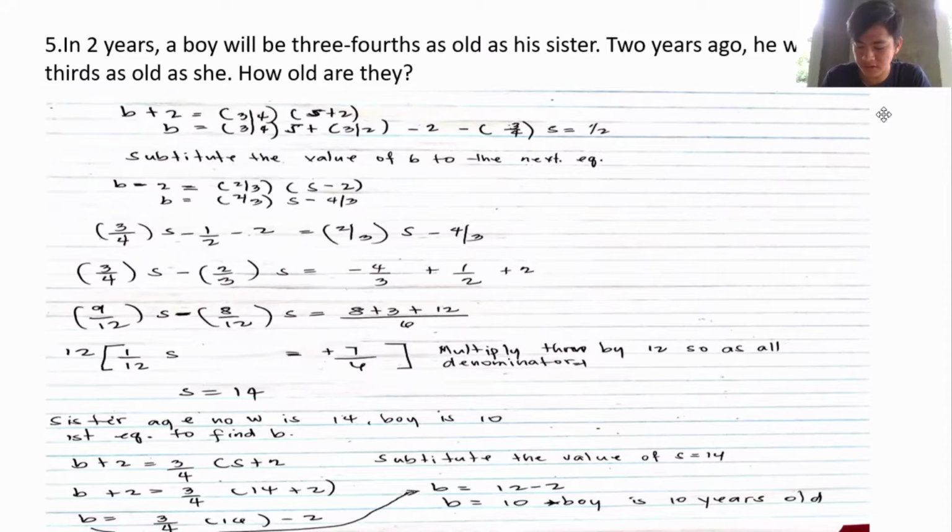Multiply by 12 to clear all denominators: S equals 14.